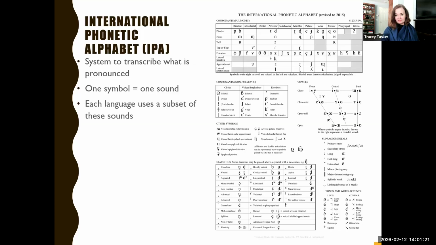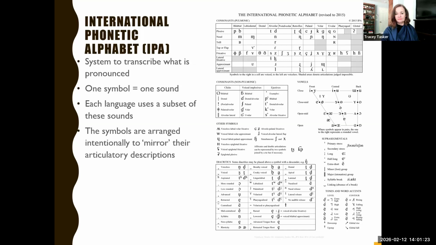We're only going to be learning a subset of these. So the way that this chart is arranged is actually the way that articulators are used to create these sounds. That will make more sense as we get into it in a few minutes.